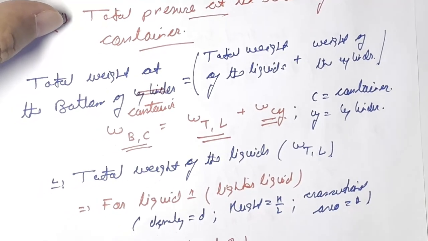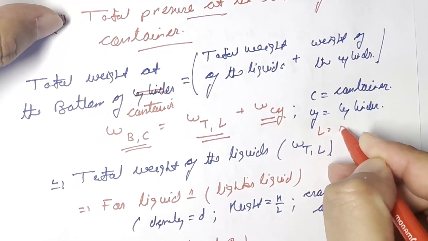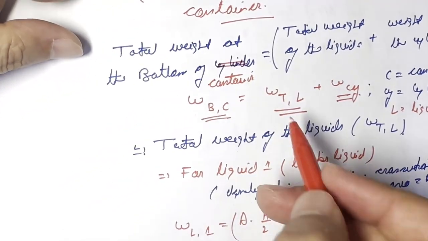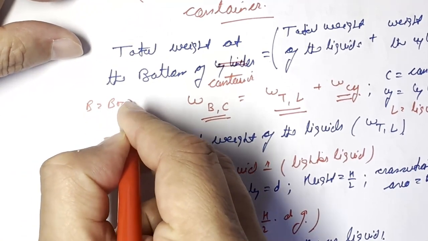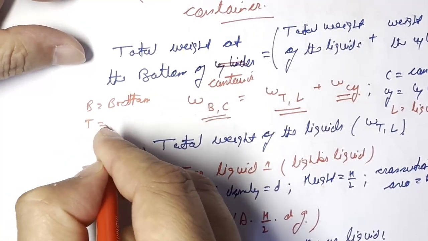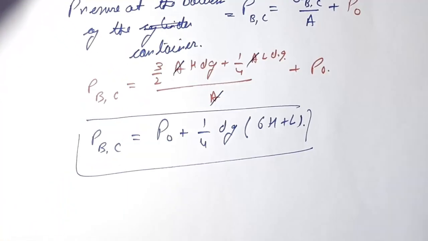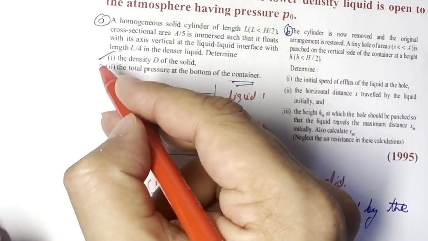And L stands for liquid, B stands for bottom, and T stands for total. So we found out our second part for part A.